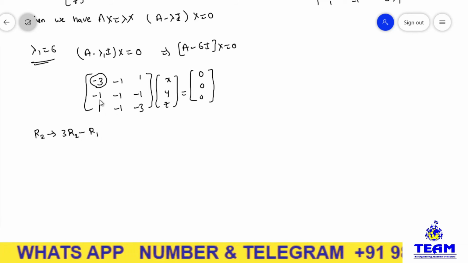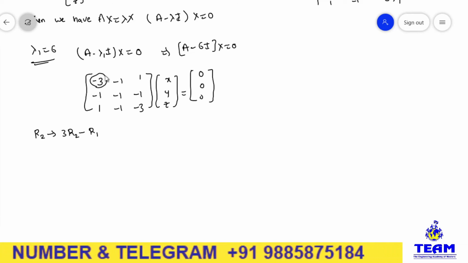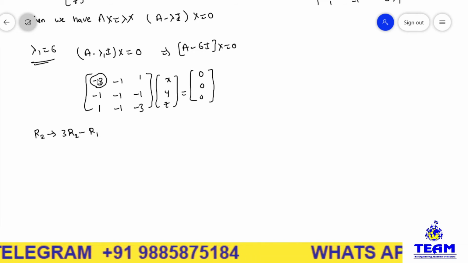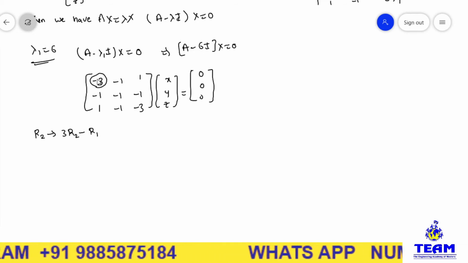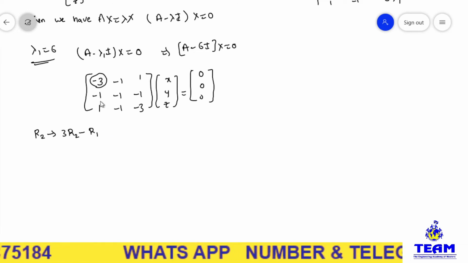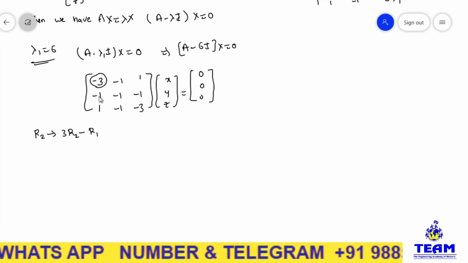Here you can do it in two ways. I can multiply by 3, or I can divide the entire row by 3. If I divide it, it will be complicated and lengthy, so I am multiplying by 3 and subtracting. So this will be minus 3, and minus of minus 3 means plus 3. So the element below the diagonal will be 0.